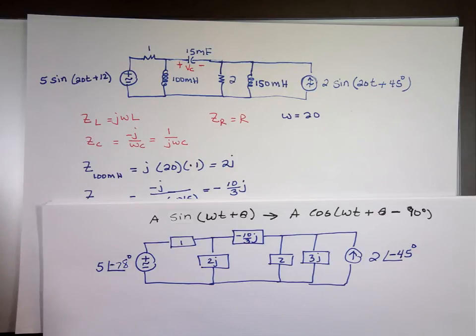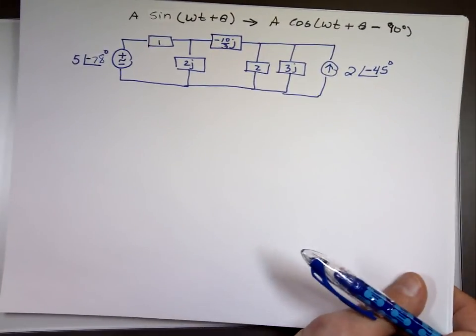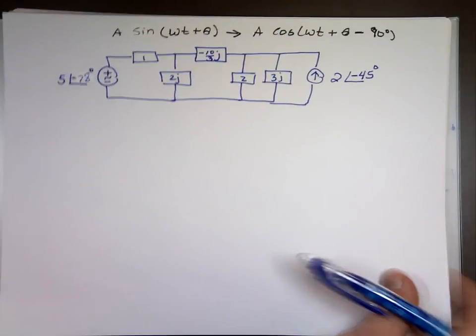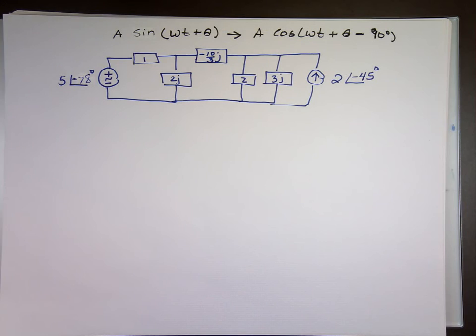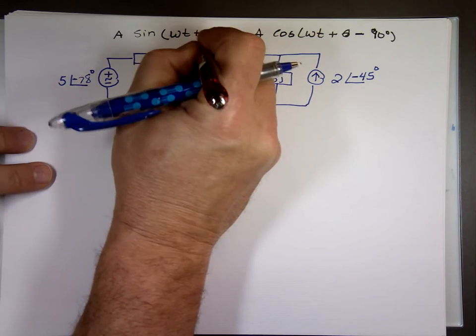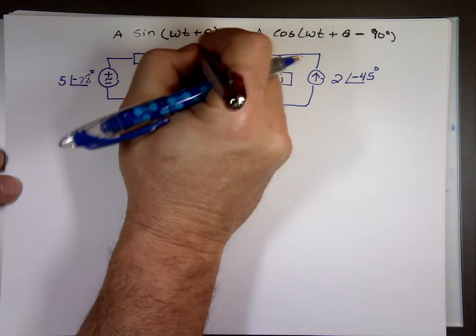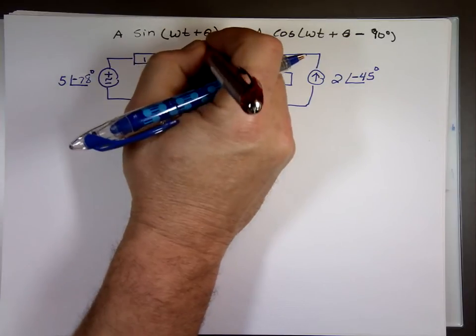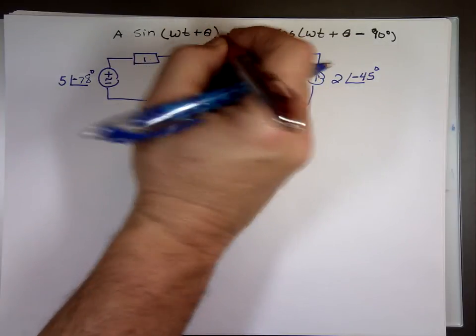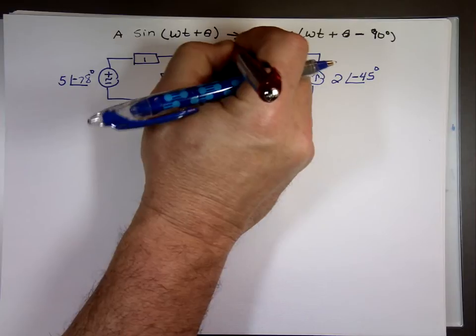Now, I can apply source transformation here. The question is, what's the voltage across the capacitor? What's this voltage right here? Do they have a direction for it? Yes. They want it plus here, minus here, VC.